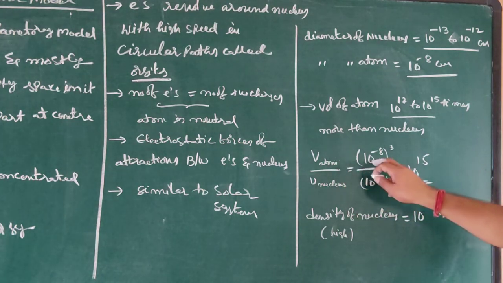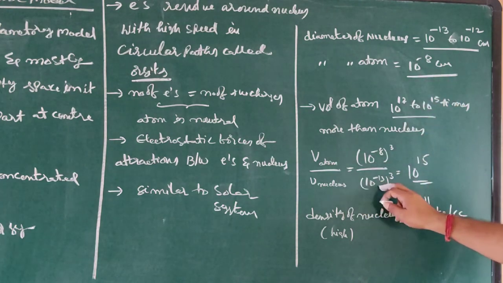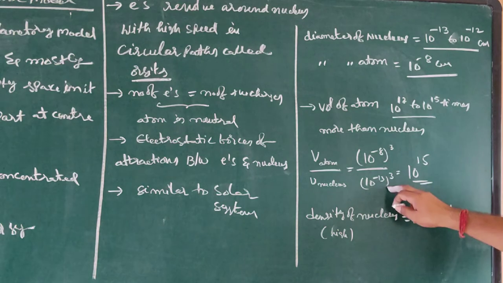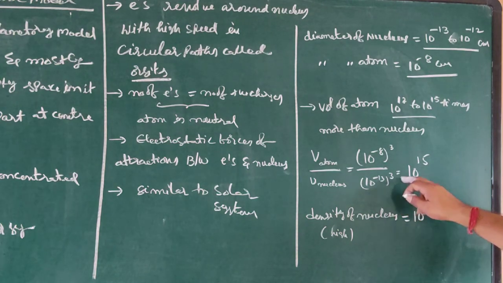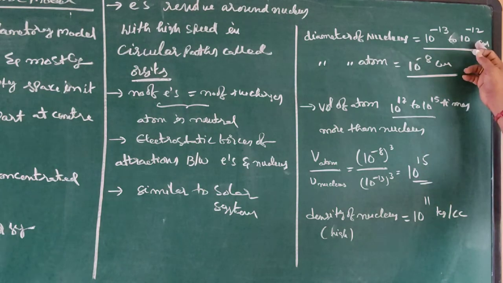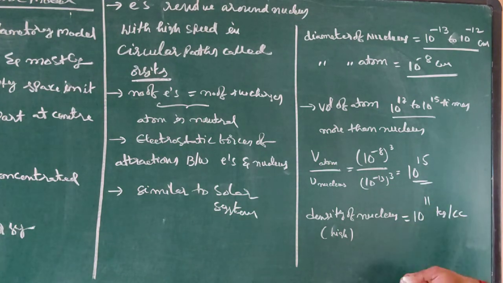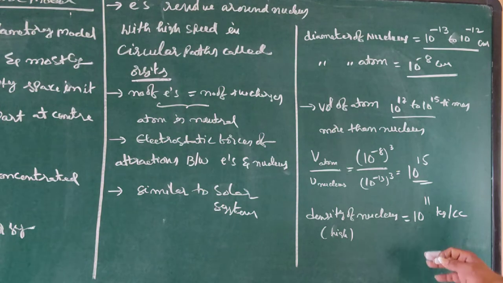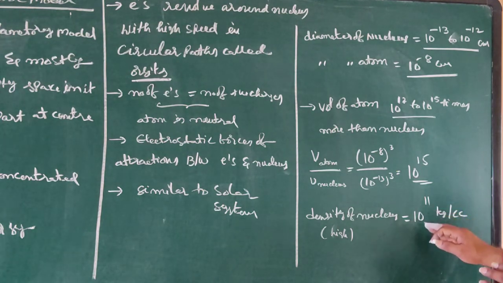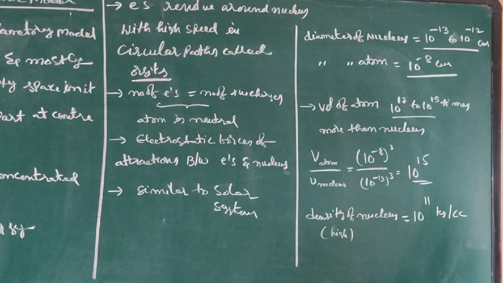If we take 10 power minus 13 for the nucleus, it will be around 10 power 15; if we take 10 power minus 12, it will be around 10 power 12. The density of the nucleus is generally high, about 10 power 11 kg per cc.